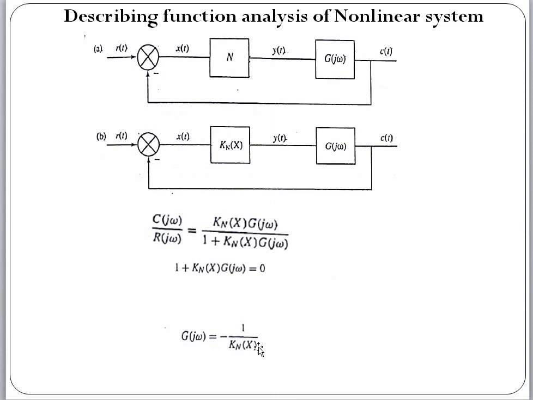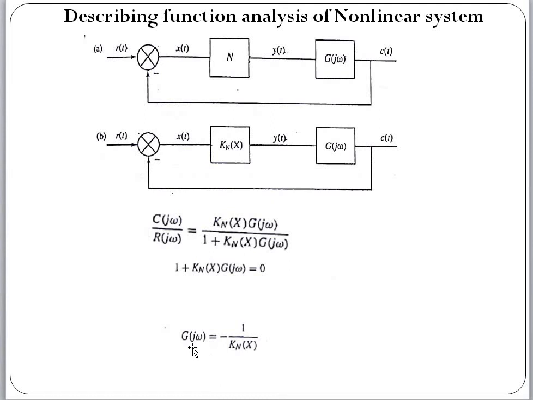And from the Nyquist stability criterion for linear systems, we already know that the system will not be stable if it encloses the minus 1 plus j0 point, or critical point. Here we have to assess the stability with a describing function, which is a locus or curve with different values of x.